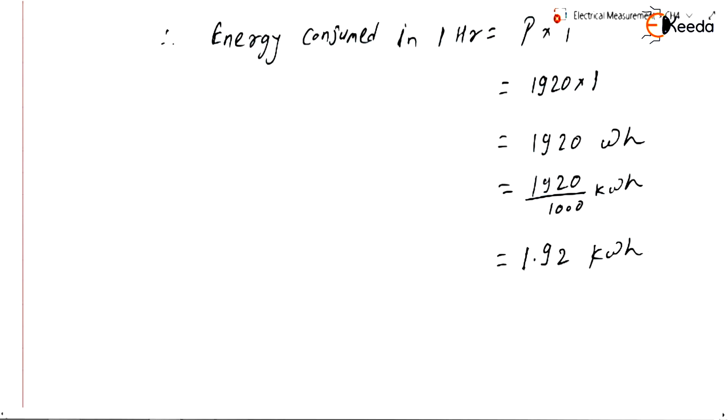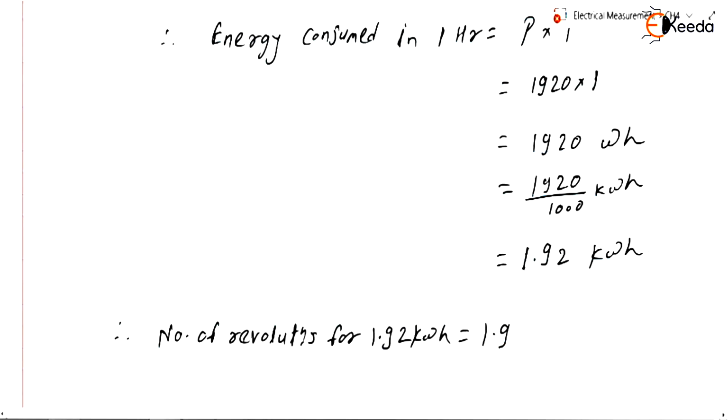So now we can find meter speed. Therefore meter speed, or we can write the number of revolutions completed by the meter for 1.92 kilowatt hour, is equal to 1.92 into meter constant.